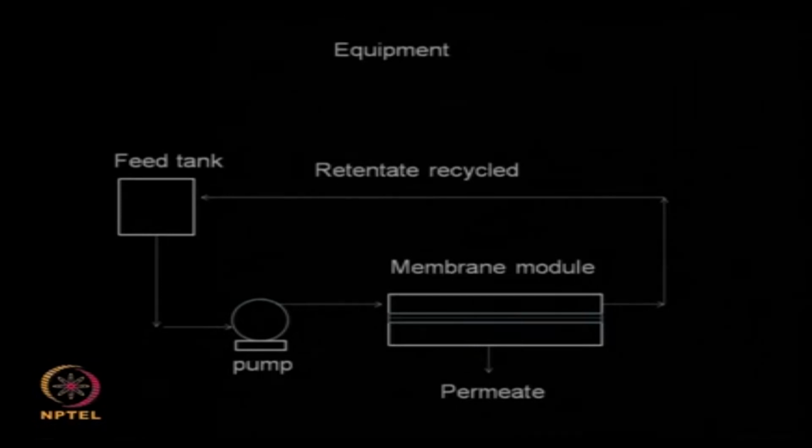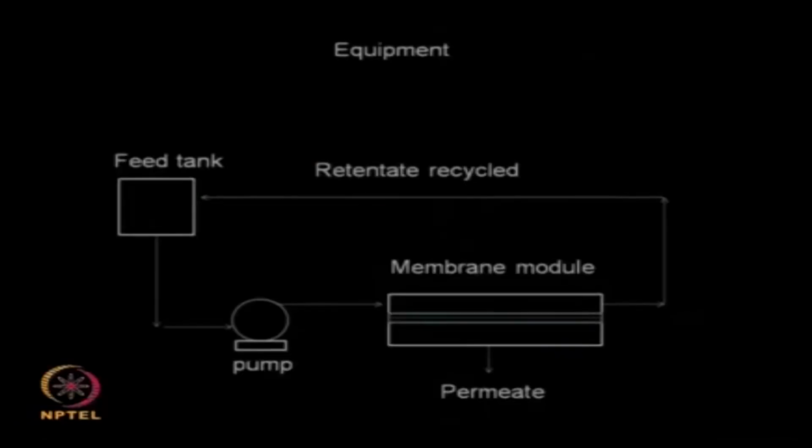You will have a feed tank, and as I explained before, we may have a pre-filter to filter out suspended solids, a precipitator where we may be adjusting pH to precipitate dissolved solids, and a tank where we may be adding a biocide or a fungicide so that the liquid does not form a biofilm or bacterial layer on top of the membrane surface.